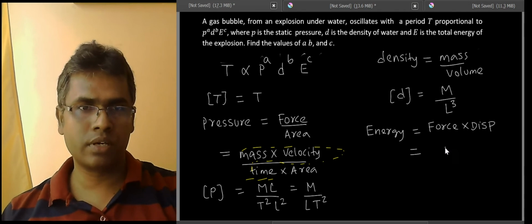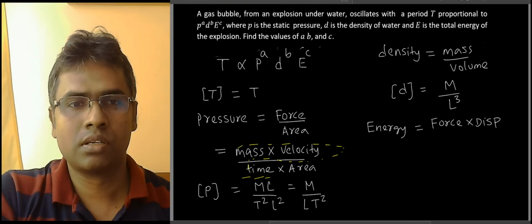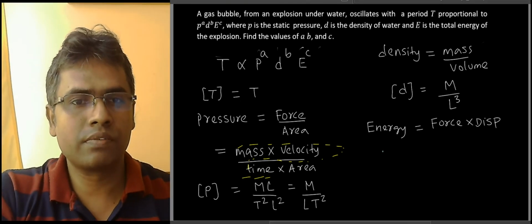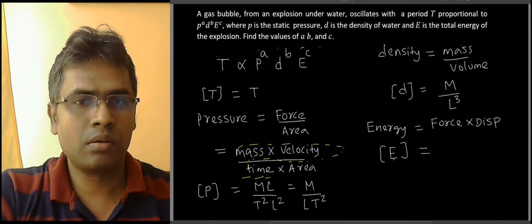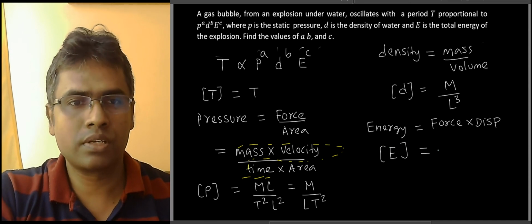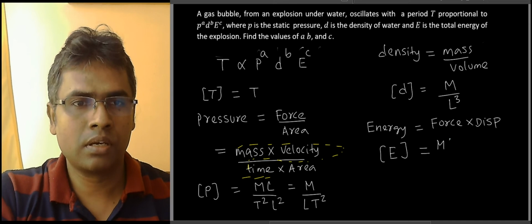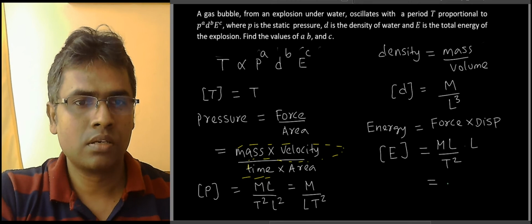So if I borrow the dimensions of force, we get M L by T square, and then we have displacement, so we multiply by L. So we get M L square over T square.